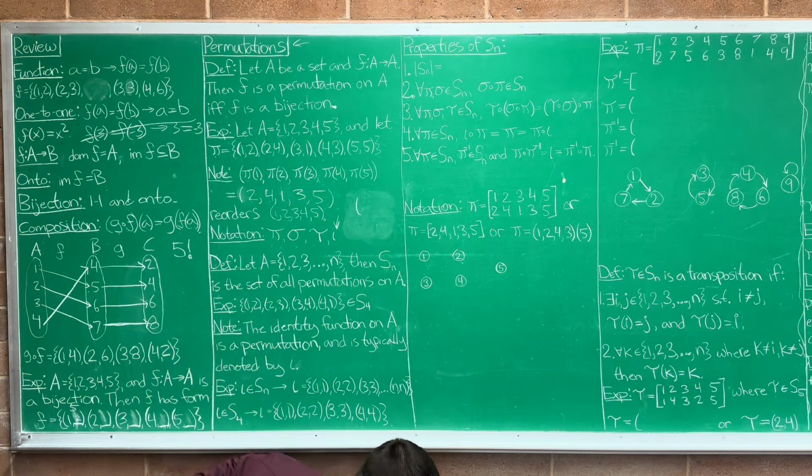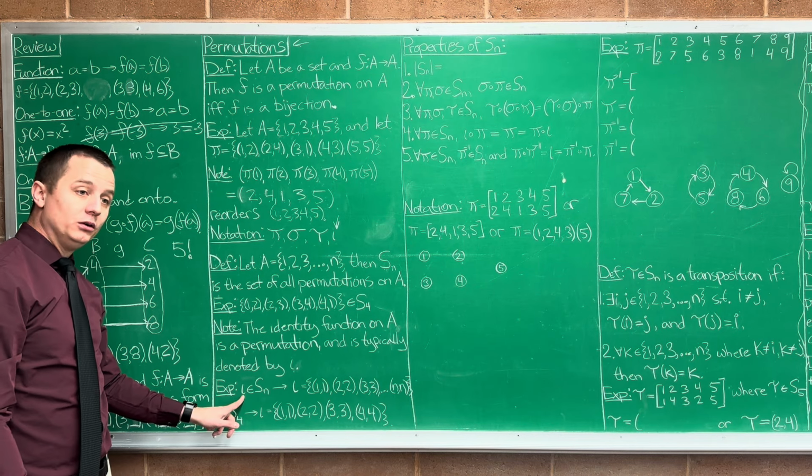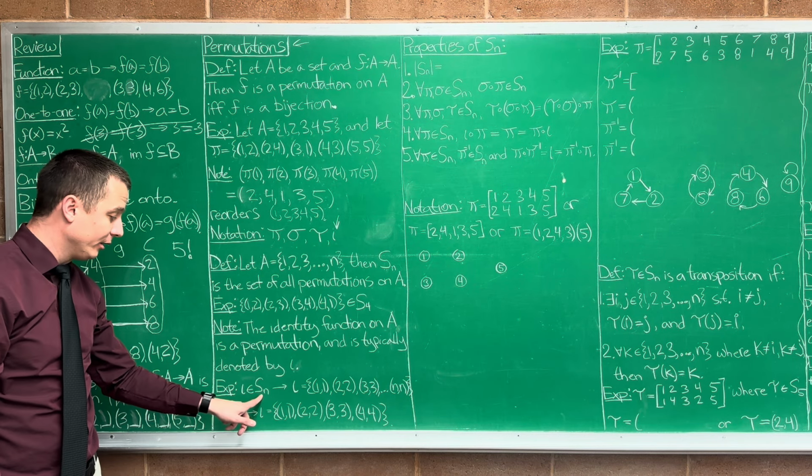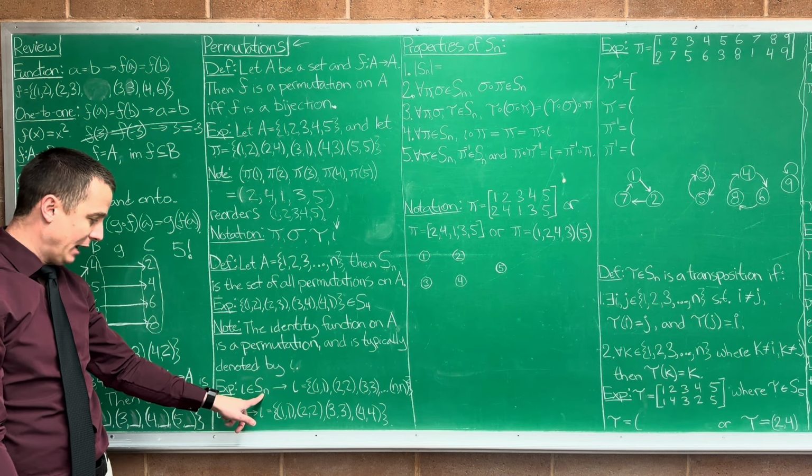And you'll have to just get used to my poor handwriting and guess from context what the symbols are I'm scribbling down. I think it'll be pretty clear from context that it's an iota. So, for example, if I grab iota out of S sub n, remember what's S sub n? It's the set of all the permutations you can make on the set 1, 2, 3, 4, 5 up to n.